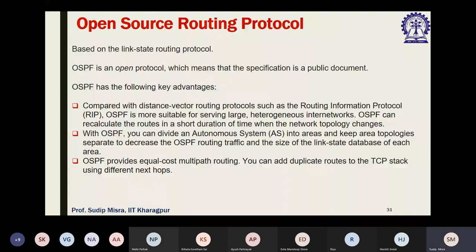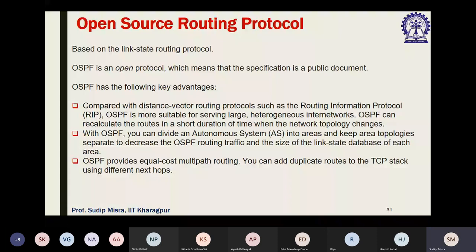In contrast to the routing information protocol, which is based on distance vector philosophy, Open Shortest Path First Protocol is based on the philosophy of link state routing. So we'll come to this and understand how this link state routing happens in Open Shortest Path First Protocol.